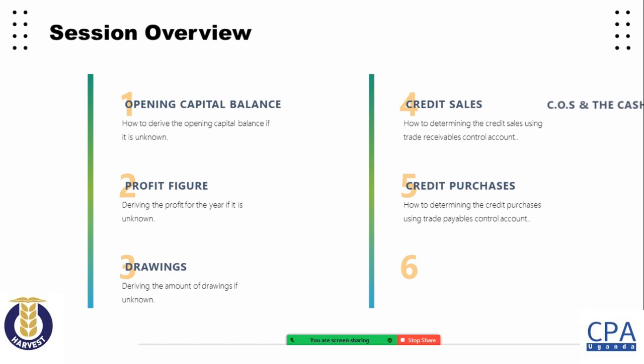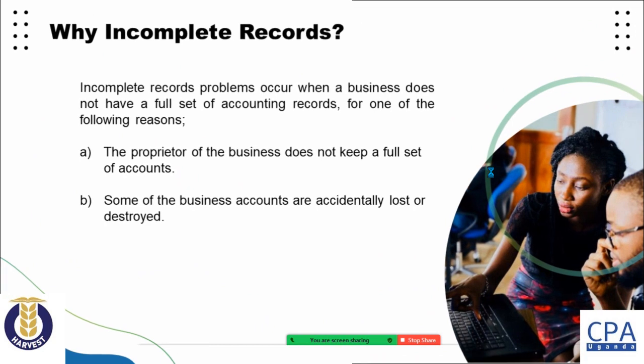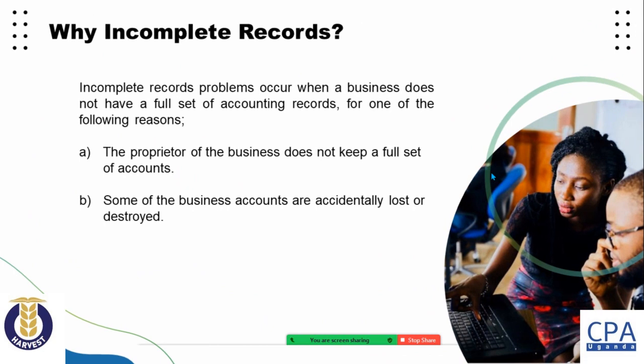Sorry about that. We shall be using the margin, the markup, and of course how to arrive at the cost of sales if they are not given. So the major question is, why would the records be incomplete?